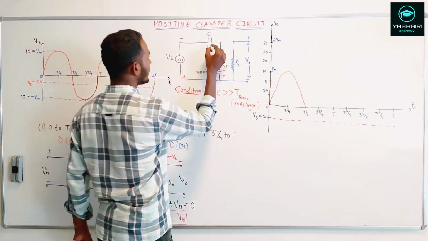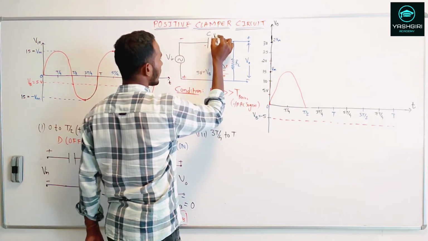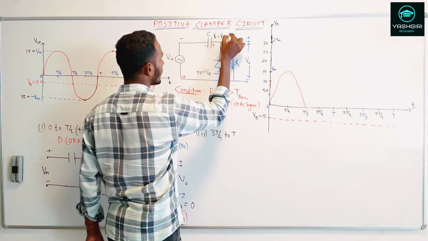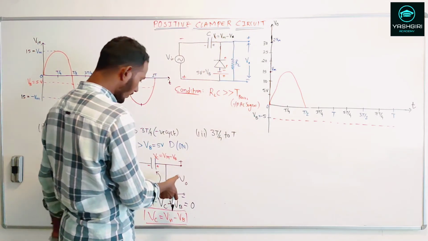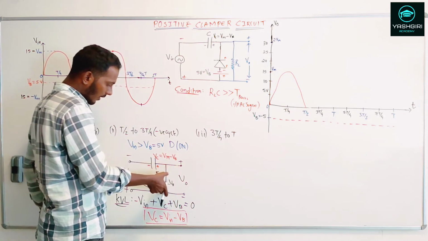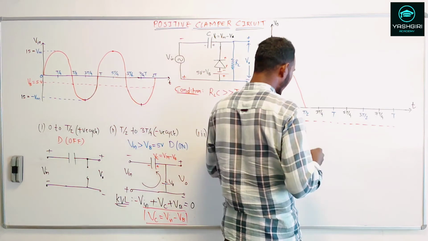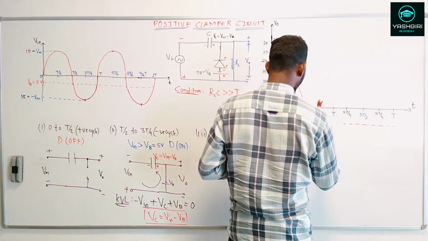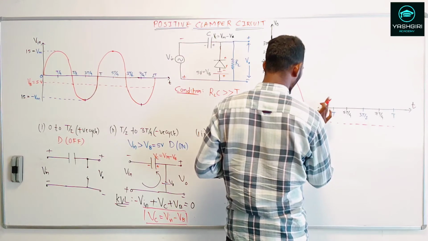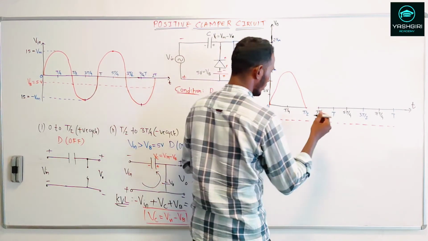So the capacitor has charged from plus to minus, and the voltage across the capacitor is Vm minus VB. In this case, when you trace V out across this, you will get a flat line for this time period, from T/2 up till 3T/4. You will see that you have to wait for the barrier potential.